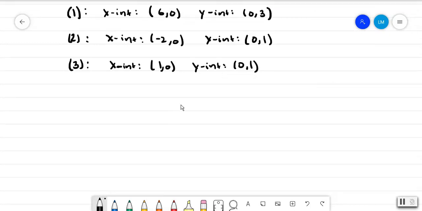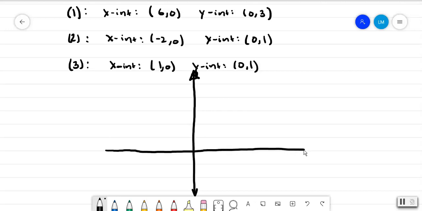So we'll try to make this somewhat to scale. Okay, let's do 0, 1. So there's 1.